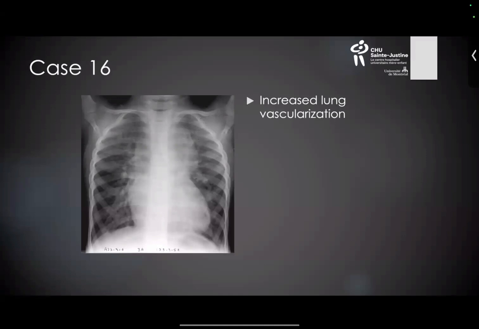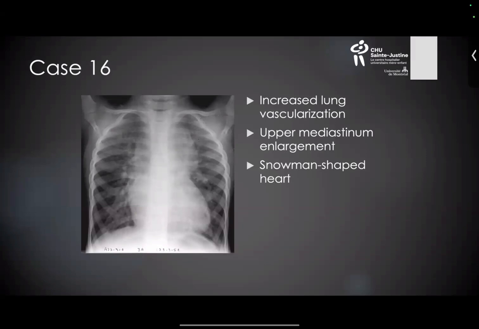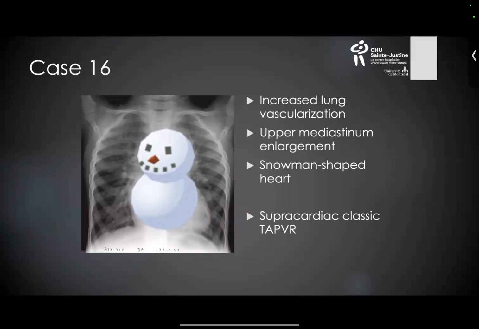So what do we have? You have the increased lung vascularization, you have the large upper mediastinum, you have this snowman-shaped heart, which is a classic of a supracardiac total anomalous pulmonary venous return. So you have your snowman here.